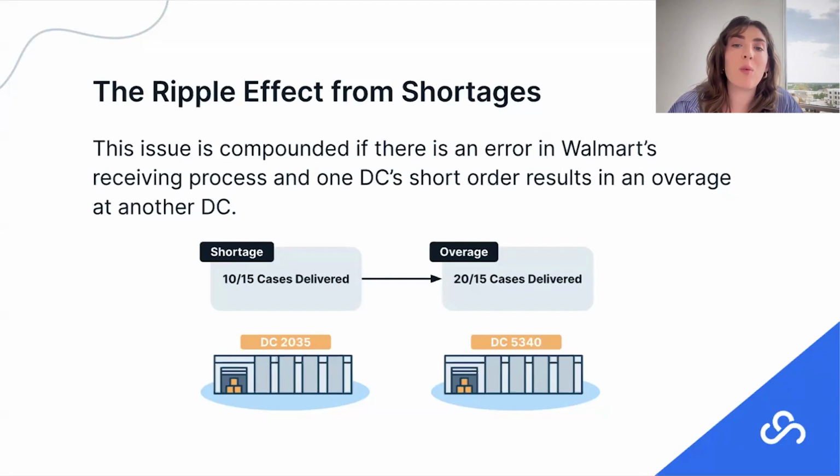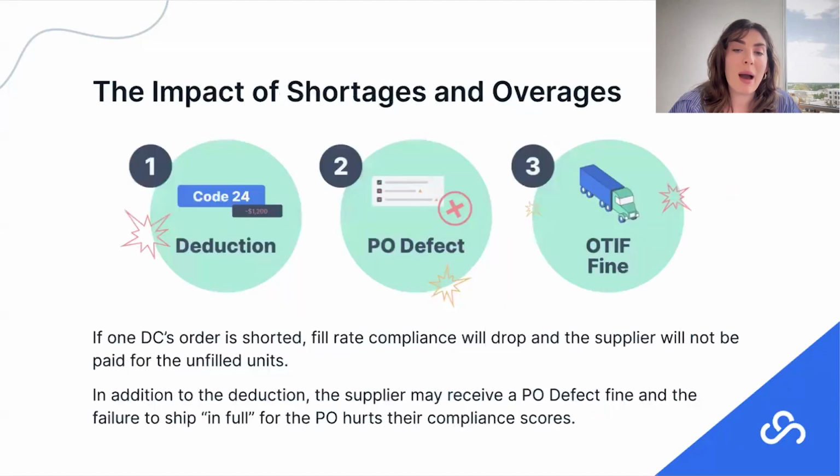That's why Walmart has put these different compliance programs in place. But you want to understand why that's happening and how you can remedy that, whether it's working with your 3PLs or digging into the receiving issues, and understanding what's happening that's creating a problem like this, because it's going to have an impact on your deductions, of course, but also your business and ultimately your relationship with Walmart.